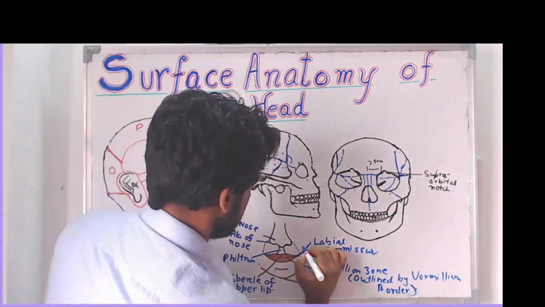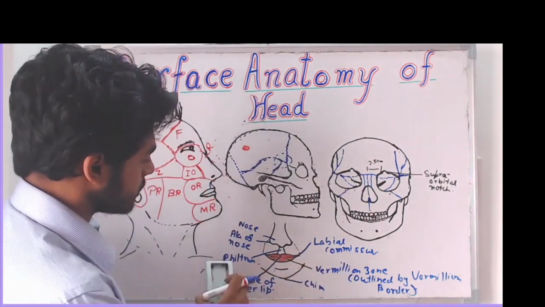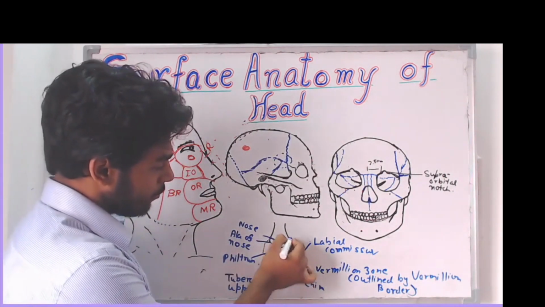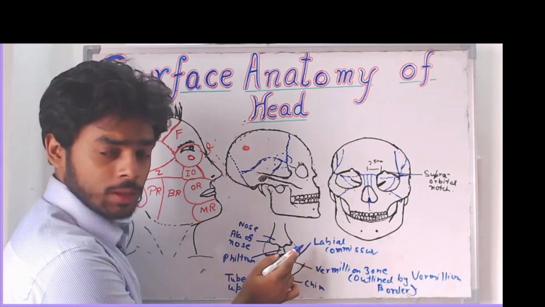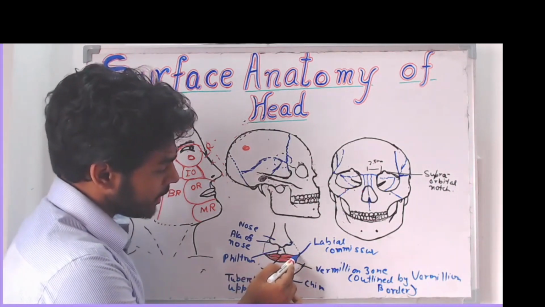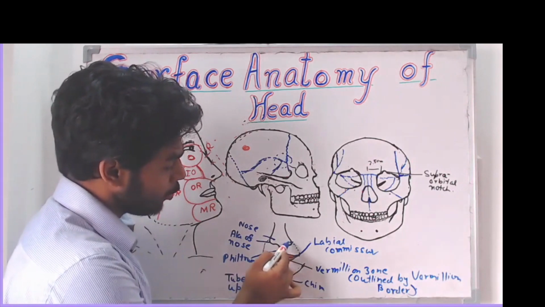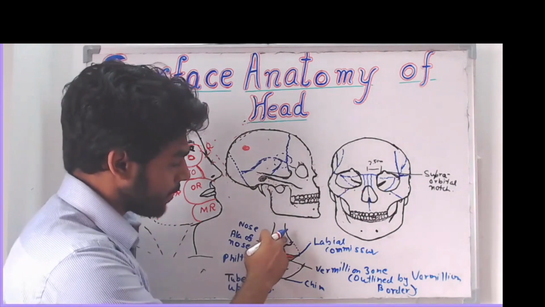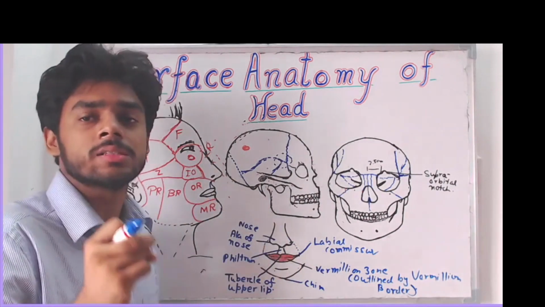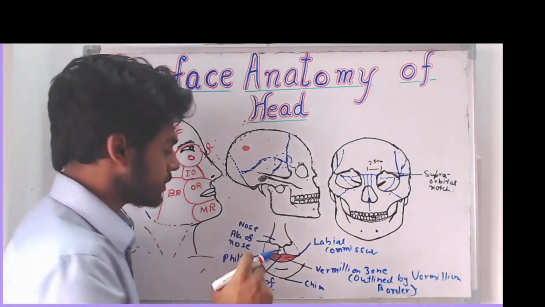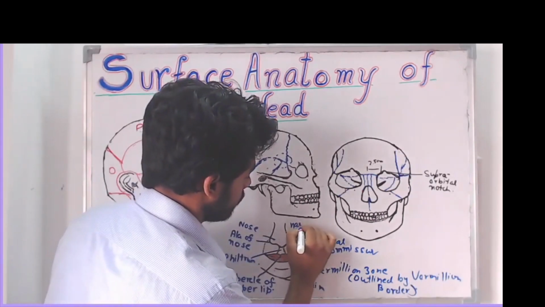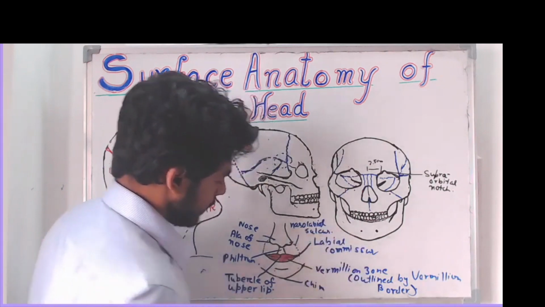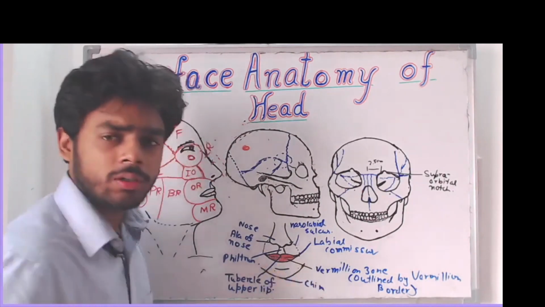On both sides you can see a groove running vertically from the ala of the nose to the labial commissure, and since it connects the nasal part and the labial part, it is called the nasolabial sulcus.